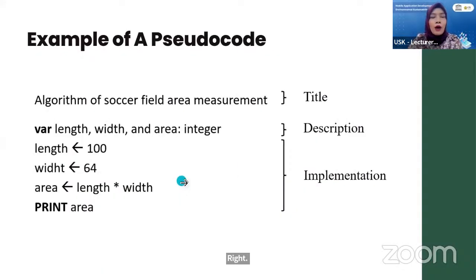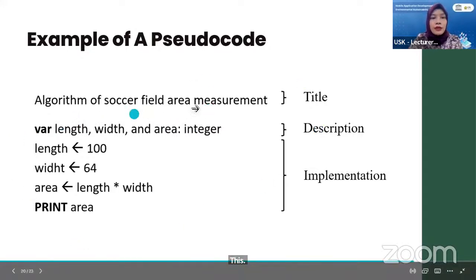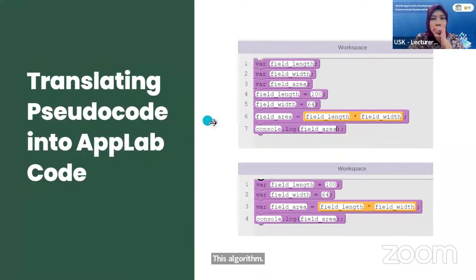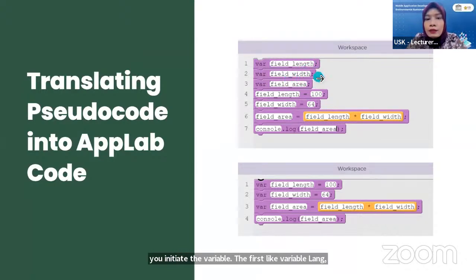So now we translate this algorithm, soccer field area measurement, into our App Lab code. There can be two ways of writing the algorithm. The first one is you initiate the variables: the variable field length, and then the variable field width, and then field area.